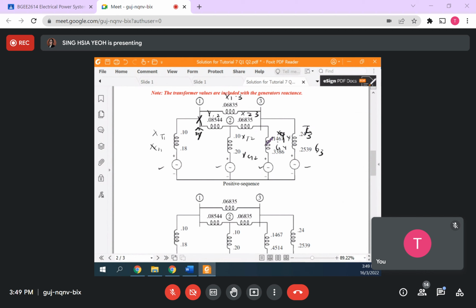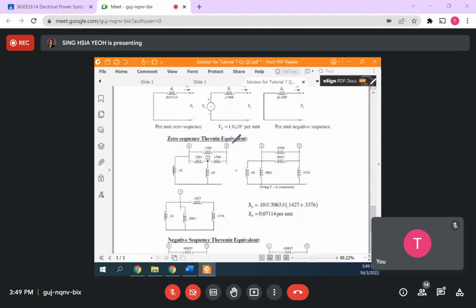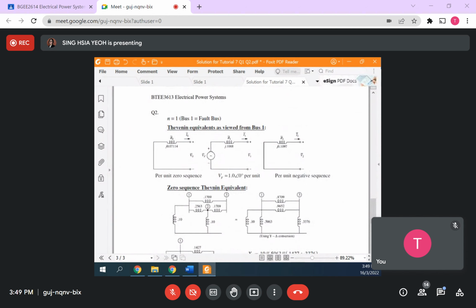Then this one basically is parallel. Then here T to pi transformation. Do you get what I mean? Something like this. That's all you need to come out with your Z0, Z1, and Z2 values.